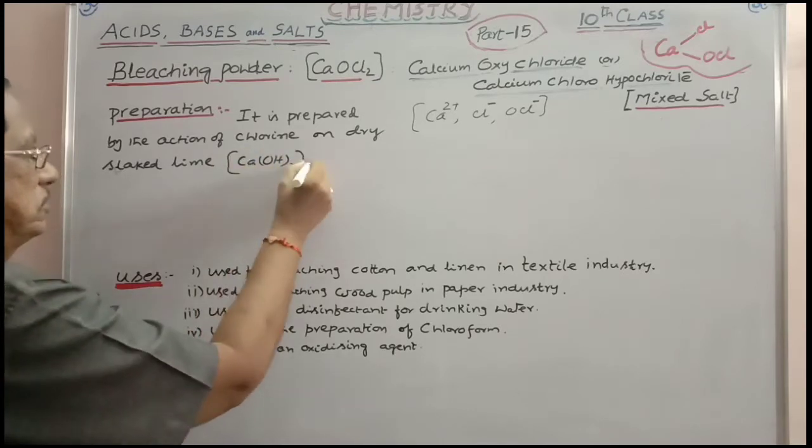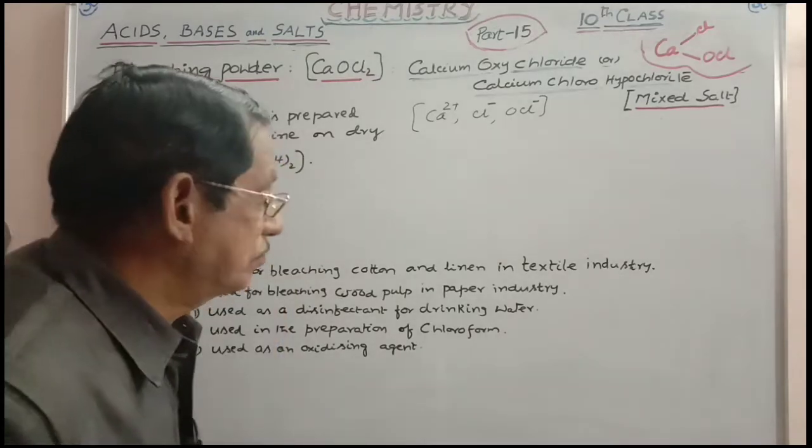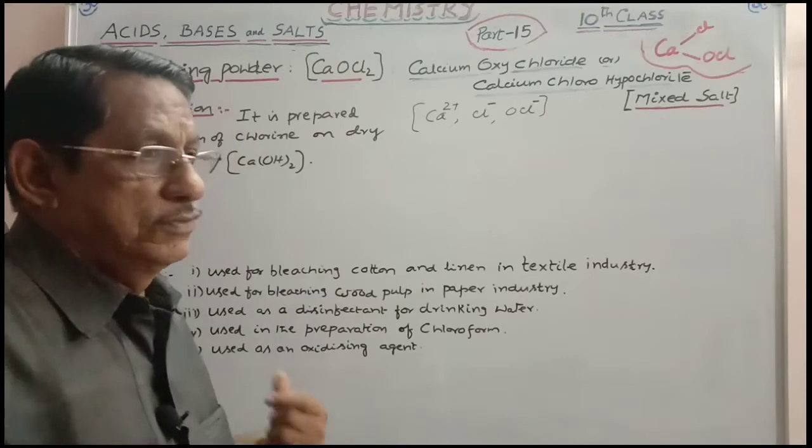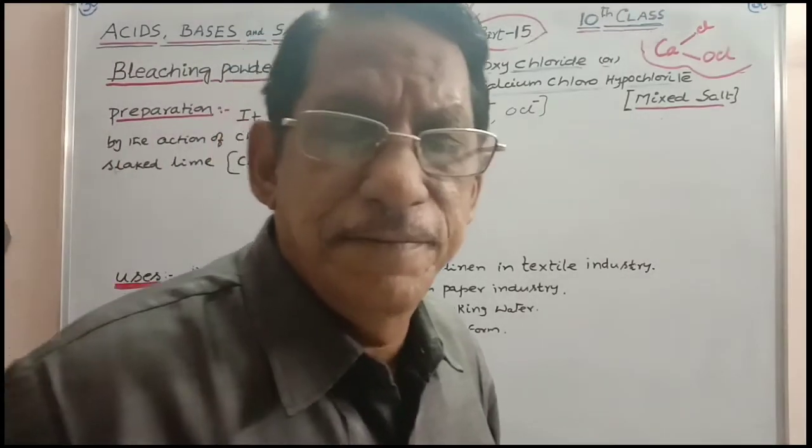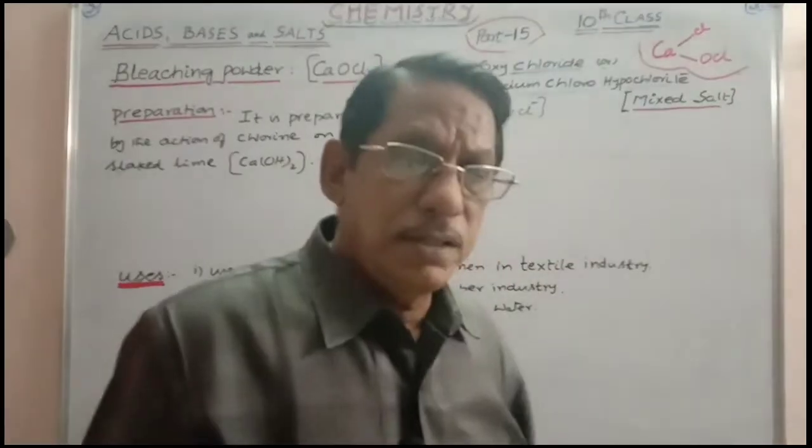So when chlorine is treated with dry slaked lime, bleaching powder can be obtained.